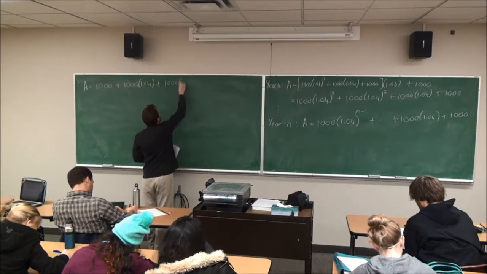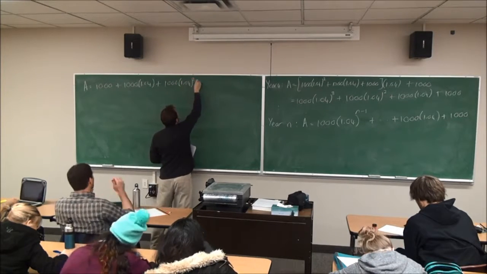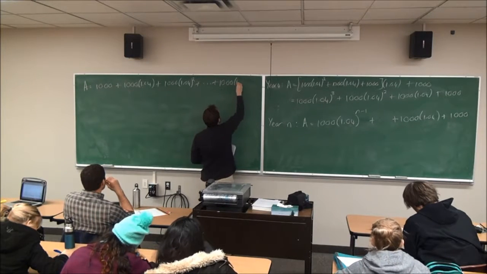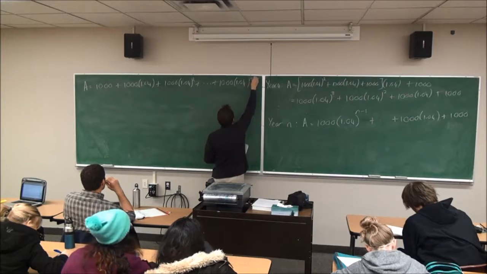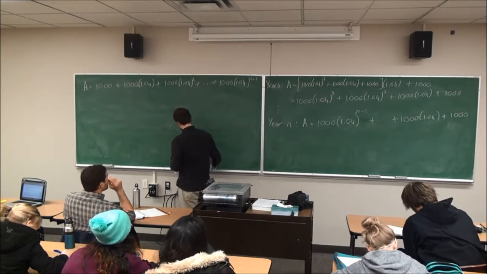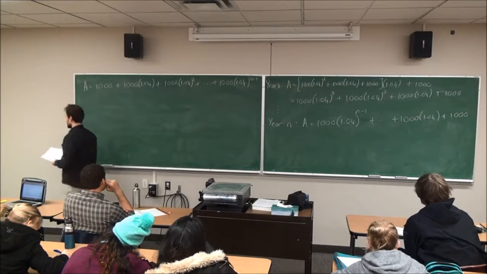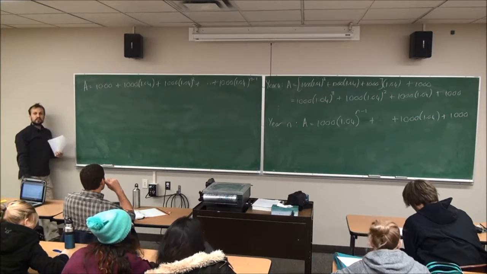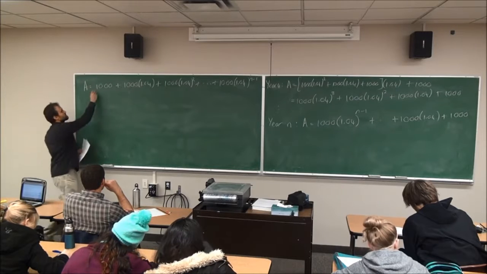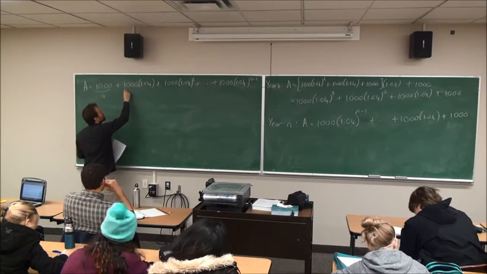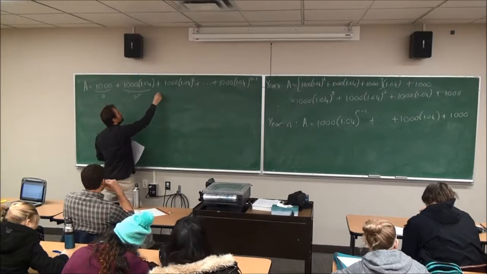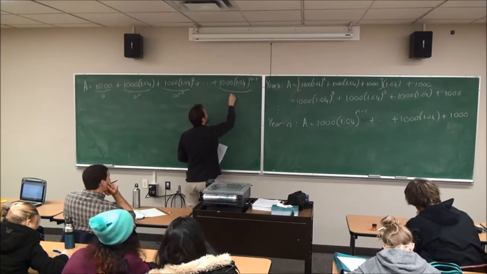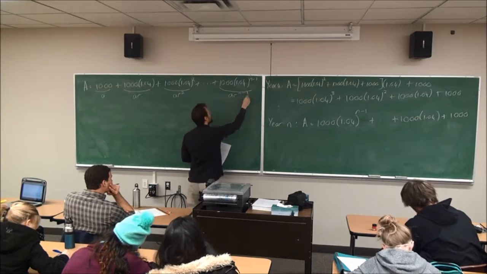Next one would be 1.04 squared, all the way to 1,000 times 1.04 to the n minus 1. What kind of sequence of numbers do I have there? Match this with a, ar, ar squared, ar to the n minus 1.